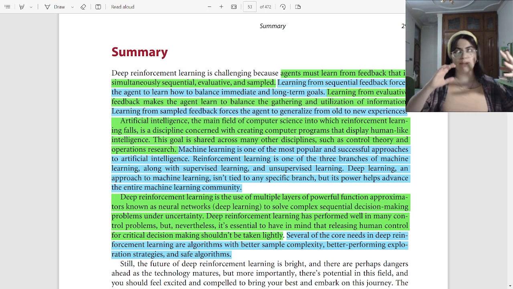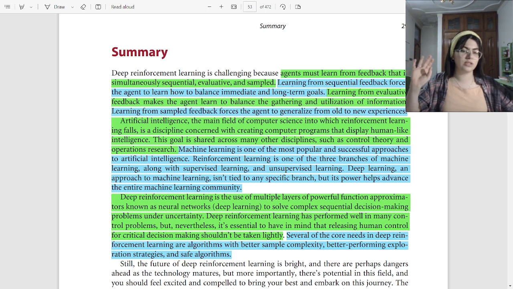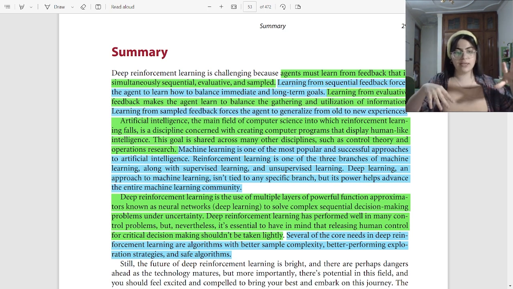In the sequential case, we talked about the credit assignment problem: we receive the feedback after 5 steps, but we don't know which step was responsible for this reward. Learning from evaluative feedback makes the agent learn to balance the gathering and utilization of information. And learning from sampled feedback forces the agent to generalize from old to new experiences.